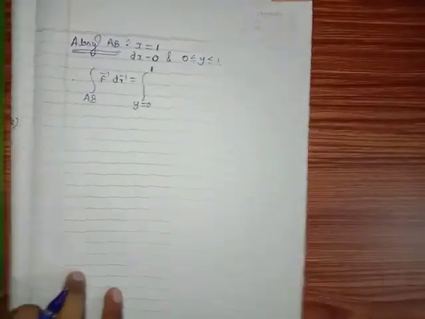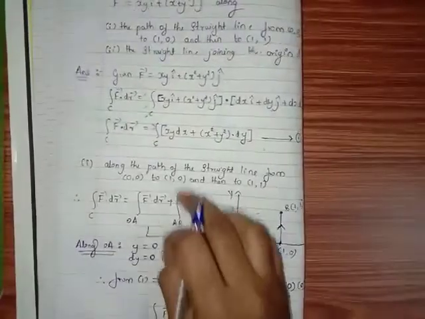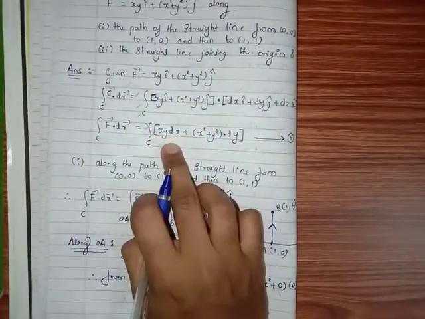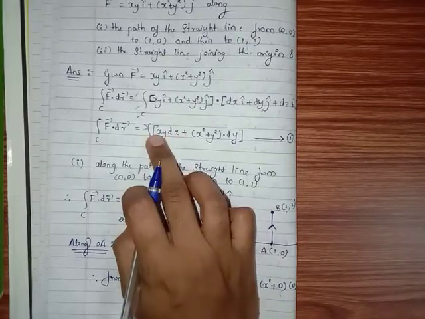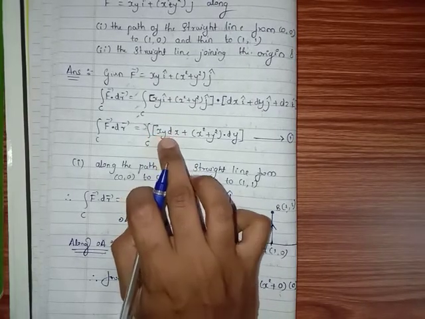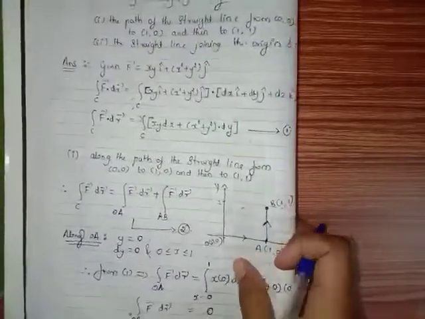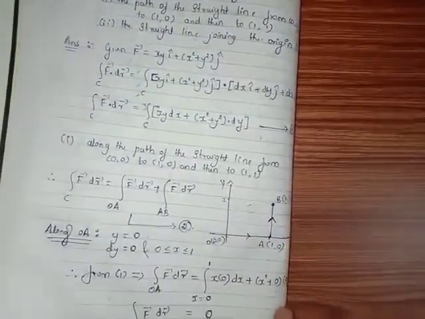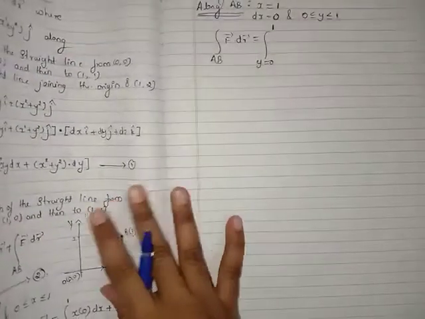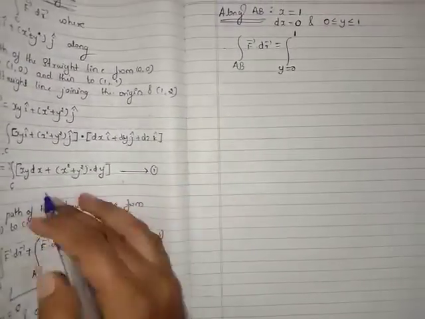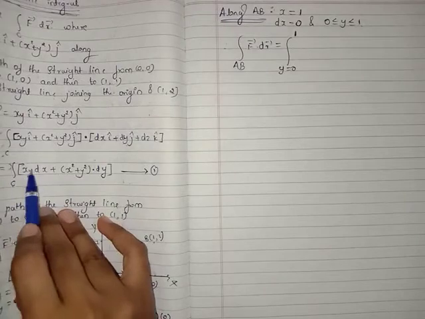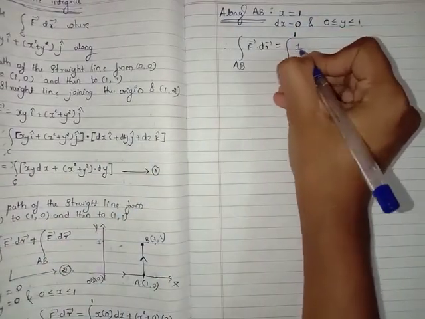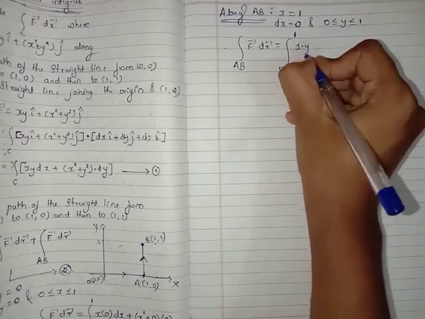Then what we have here, vector f dot dr, from equation 1, means this one. Wherever there is x, substitute 1, and keep y as it is. Then it becomes xy into dx. So x value is 1, keep y as it is.